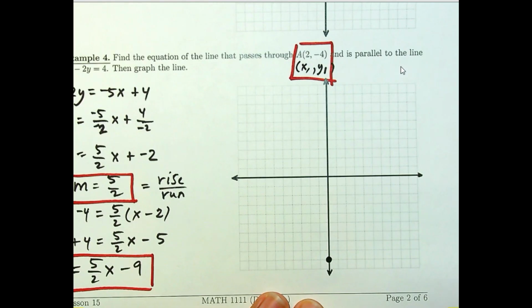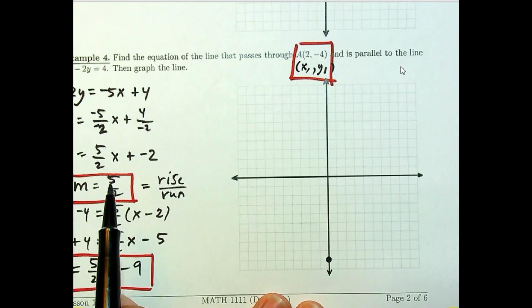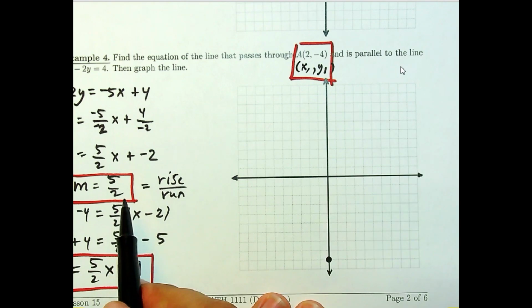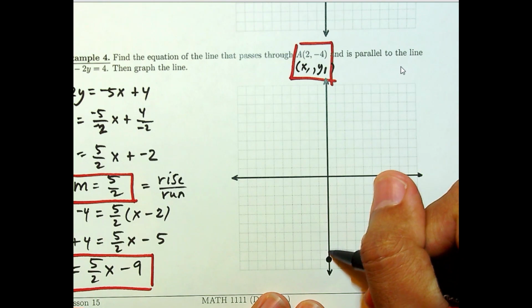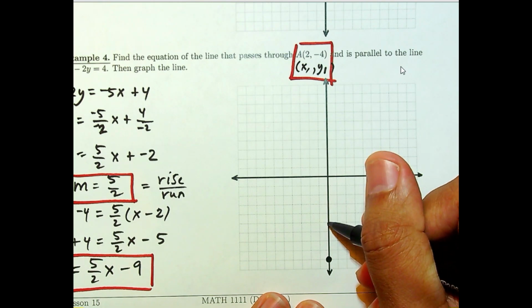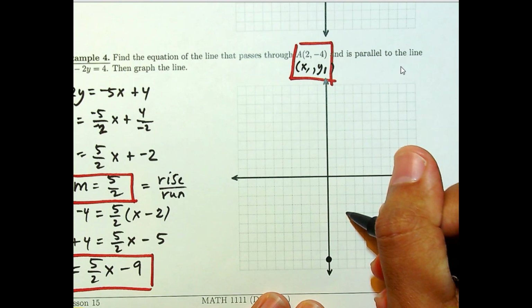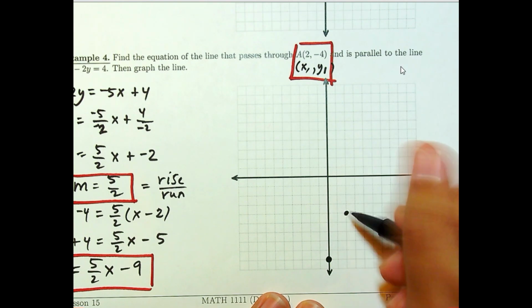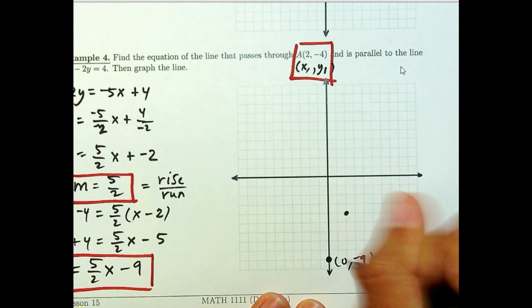Starting at negative 9, you go up 5, you rise 5, up because it's positive, and then 2 to the right. So this is going to be 1, 2, 3, 4, 5, and 2 over, 1 and 2 right here. Let's do that again. 1, 2, 3, 4, 5, 1, 2. Okay, so this point is 0, negative 9.